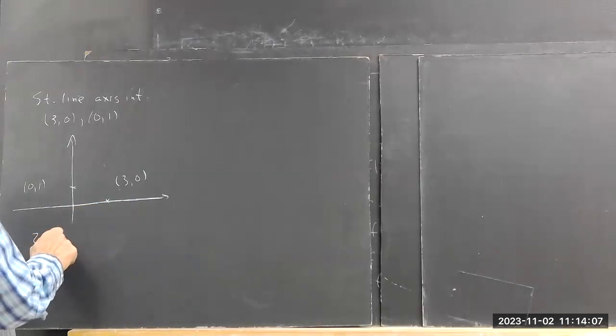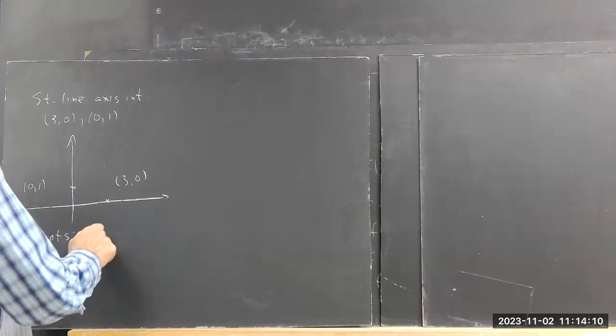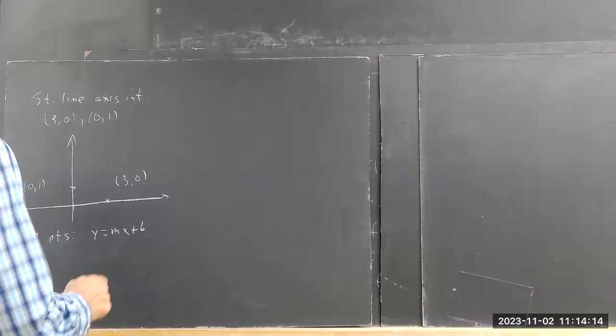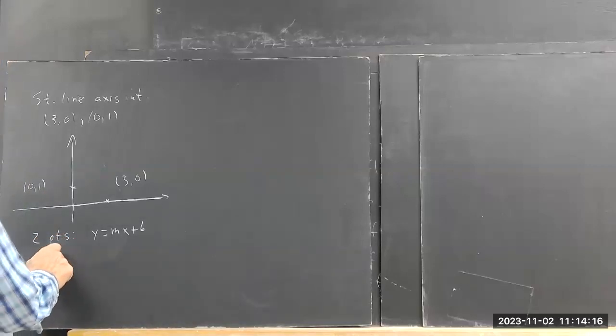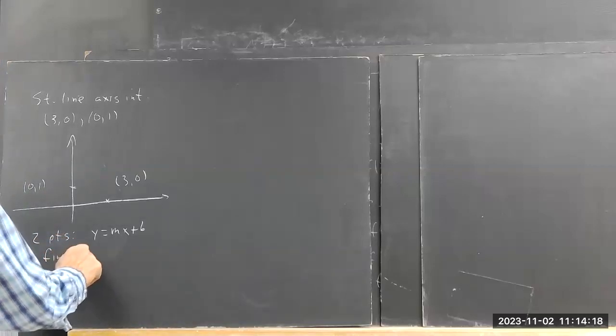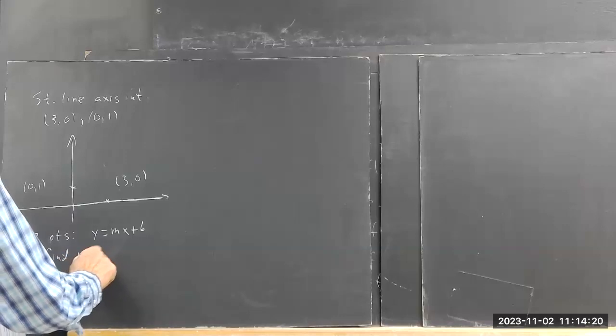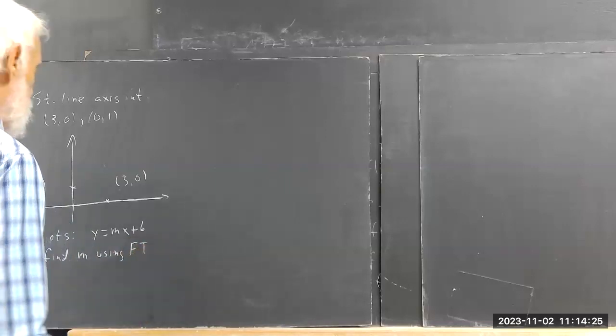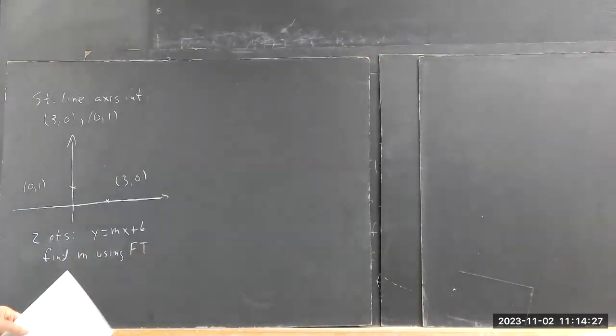So you've got y equals mx plus b. Find m, preferably using a fundamental triangle, because you learn something by doing that every time you do it.